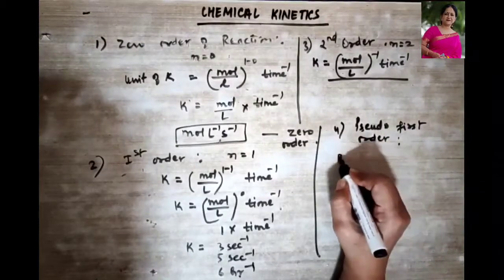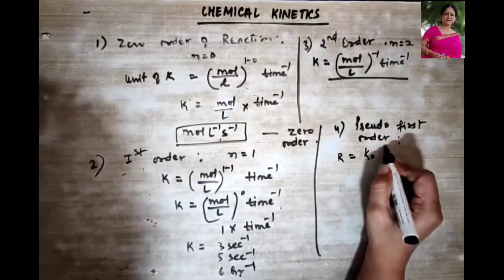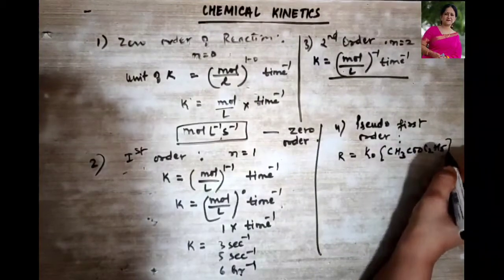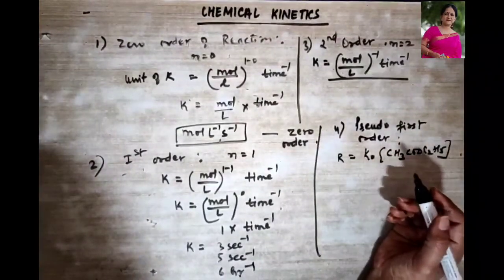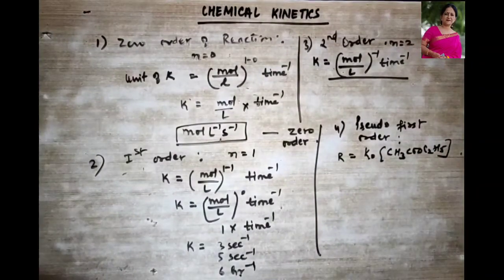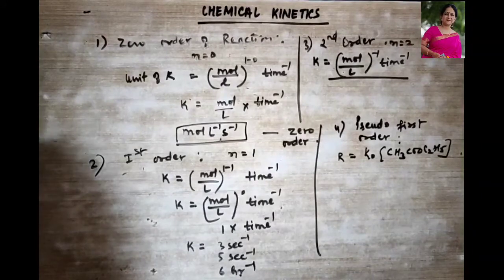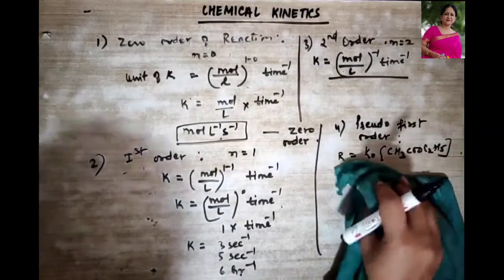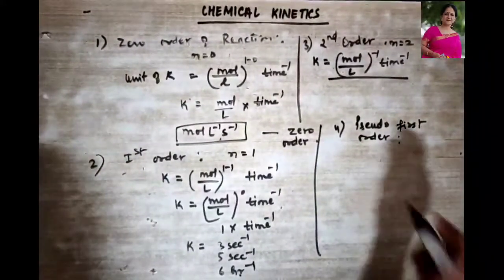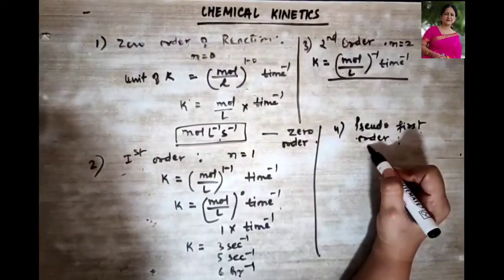So over here your R will be equal to K[CH3COOC2H5], right? So what do we understand by pseudo first order?